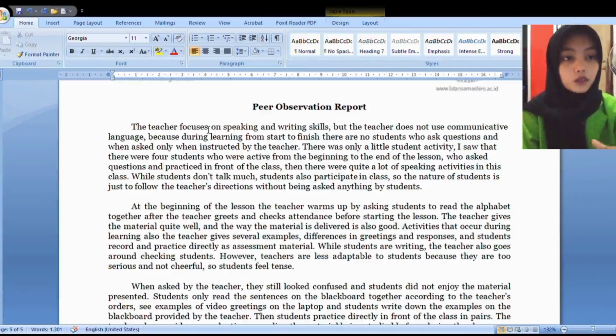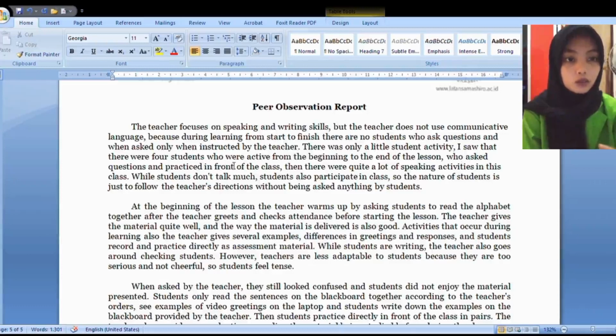The next pair observation report. The teacher focuses on speaking and writing skills, but the teacher does not use communicative language because during learning from start to finish, there are no students who ask questions, and when asked, only when instructed by the teacher. There was only little student activity.